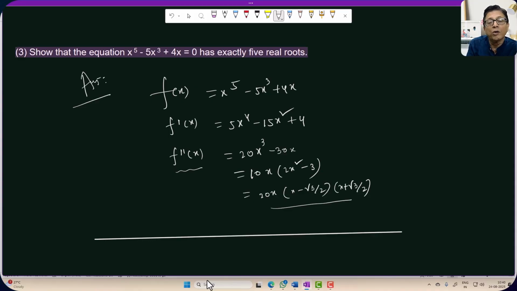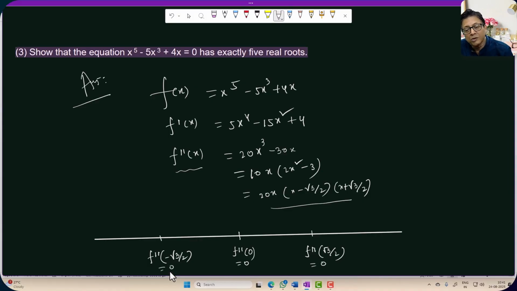Let us go for f''(x). This is vanishing at 0, this is vanishing at root 3 by 2, and this one is also 0.